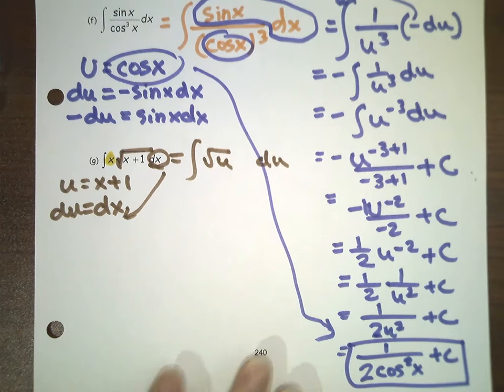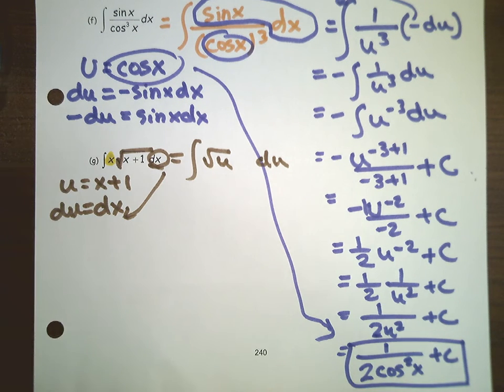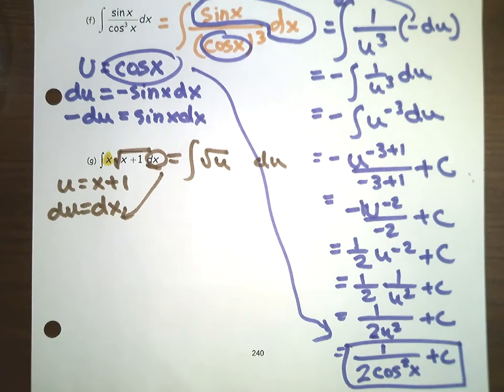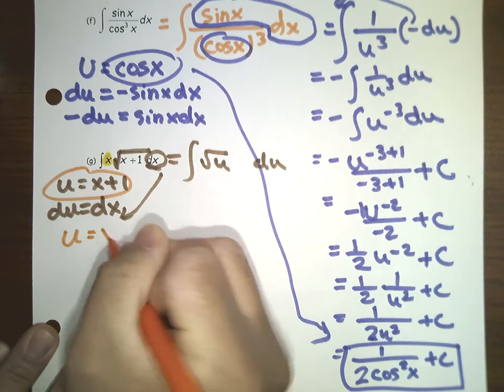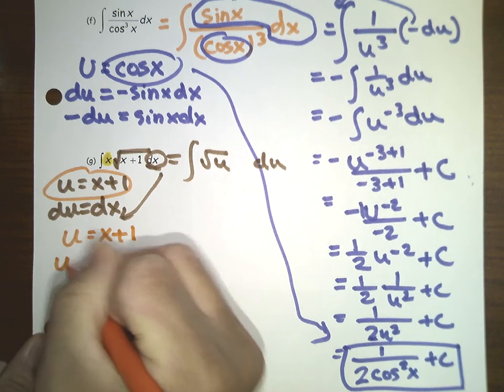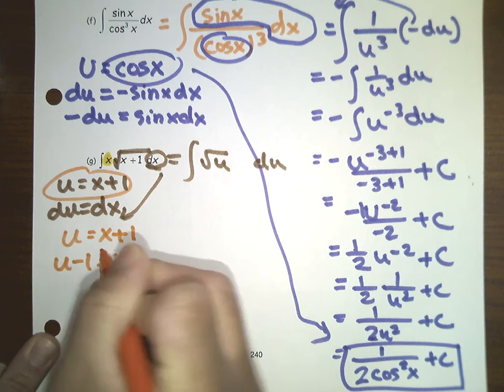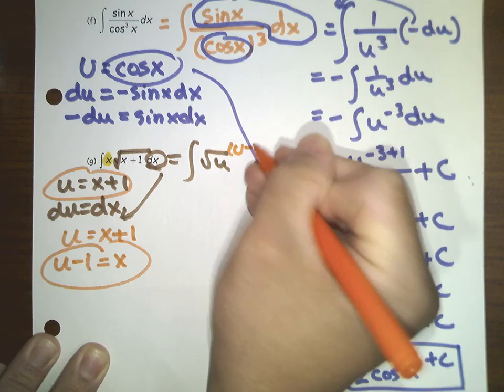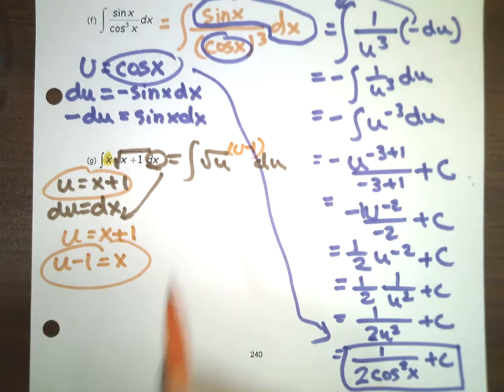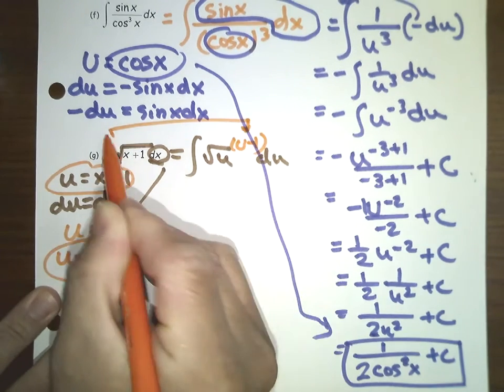That is the issue that I haven't had to deal with before: what is this x right here equal to? Well, I can see that u is equal to x plus 1, so u minus 1 is equal to x. So now u minus 1 is what gets substituted in for that x.